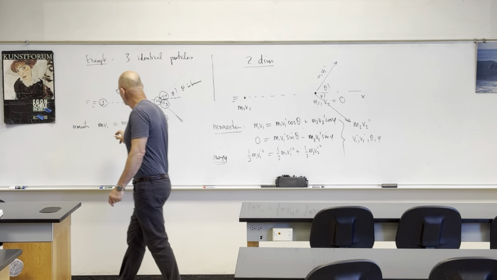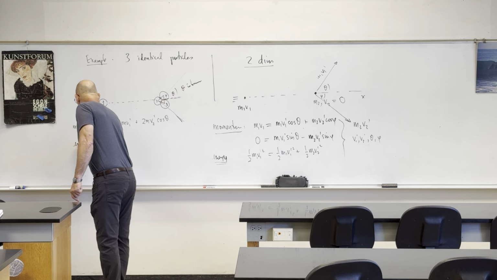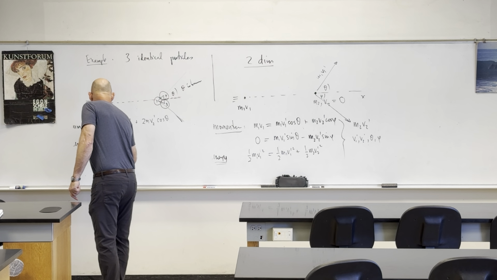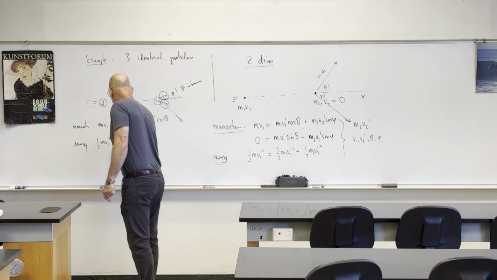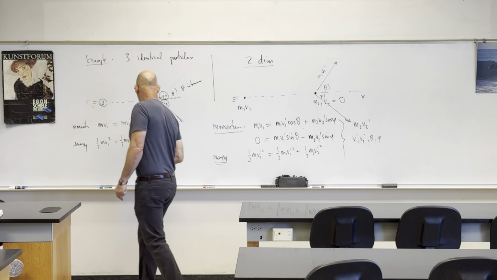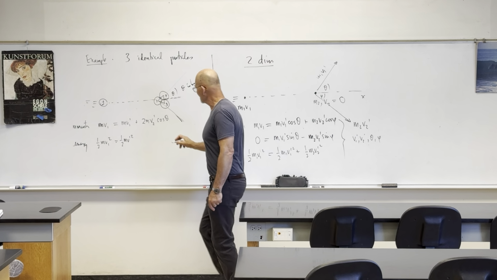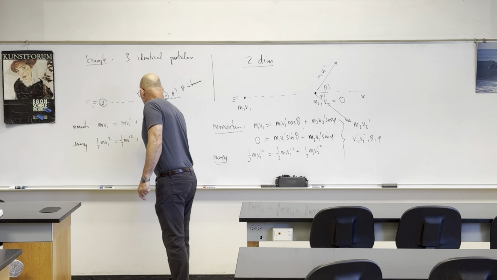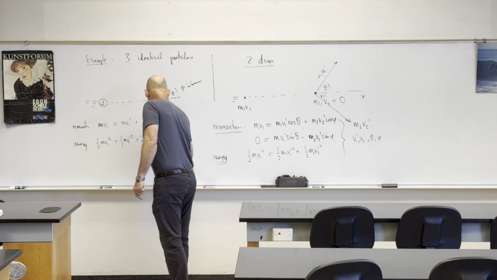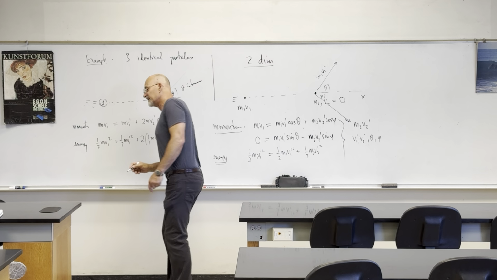And the energy: we have a half m v1 squared equals a half m v1 prime squared plus 2 times a half m v2 prime squared.